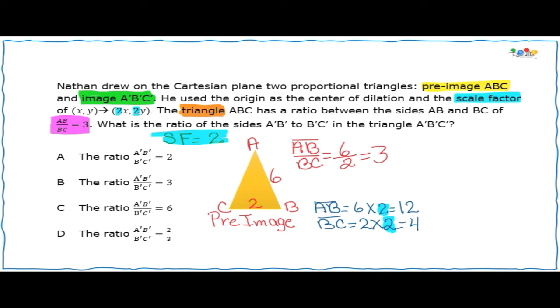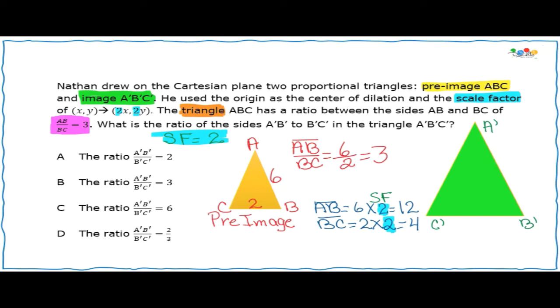Are we ready for the next step? Now I want to draw another triangle with those measurements. Let me give you a couple of seconds to do that. Let's label our new triangle the same way we did the first one: A prime, B prime, and C prime. Earlier when we multiplied by 2, the scale factor, we found some measurements, right?